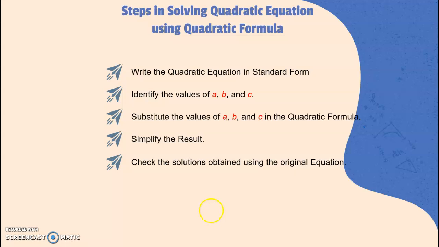After obtaining the values, you substitute them in the quadratic formula. After substituting, you simplify the result, and then check the solution obtained using the original equation.